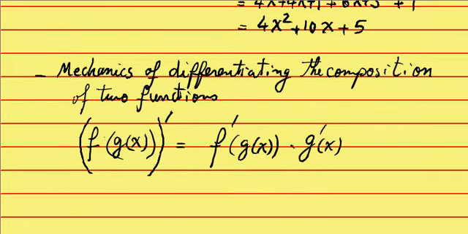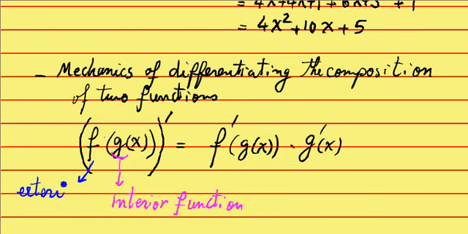Sometimes for talking about the situation, we refer to this g as the inside function or the interior function, and we refer to f as the exterior function or the outside function.